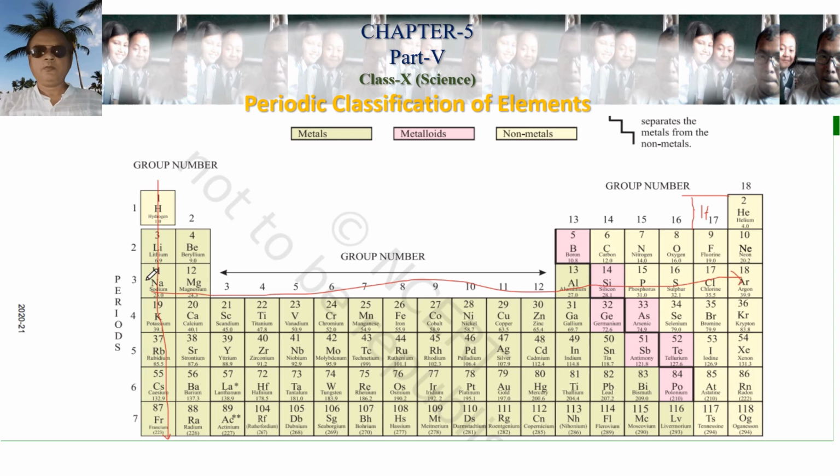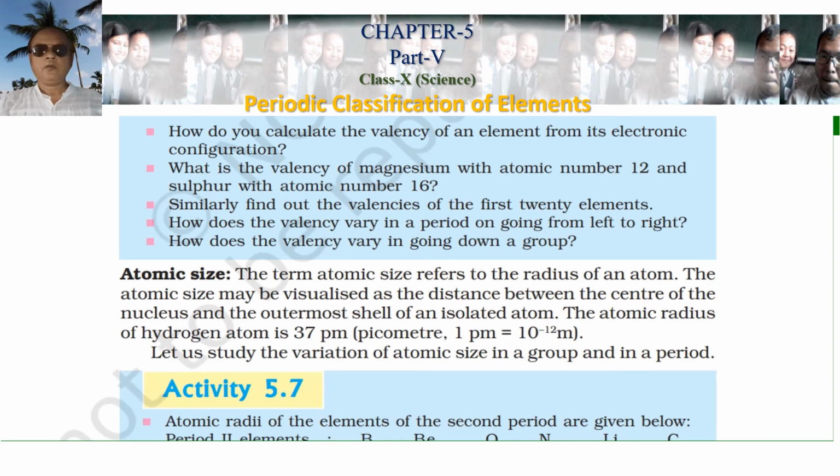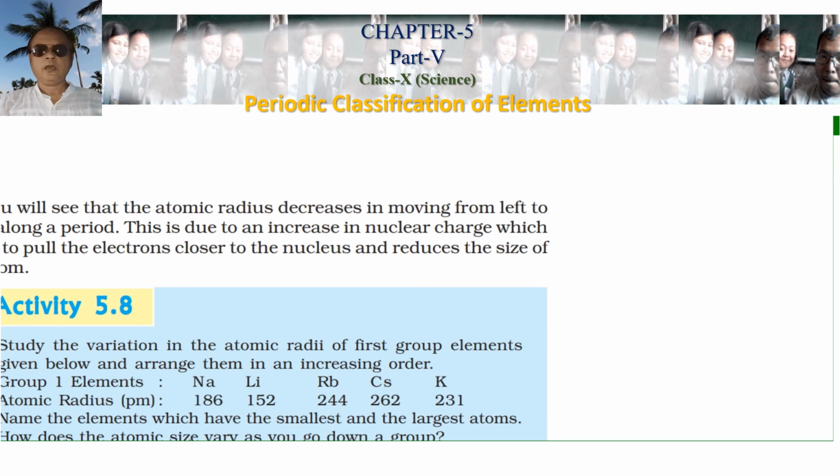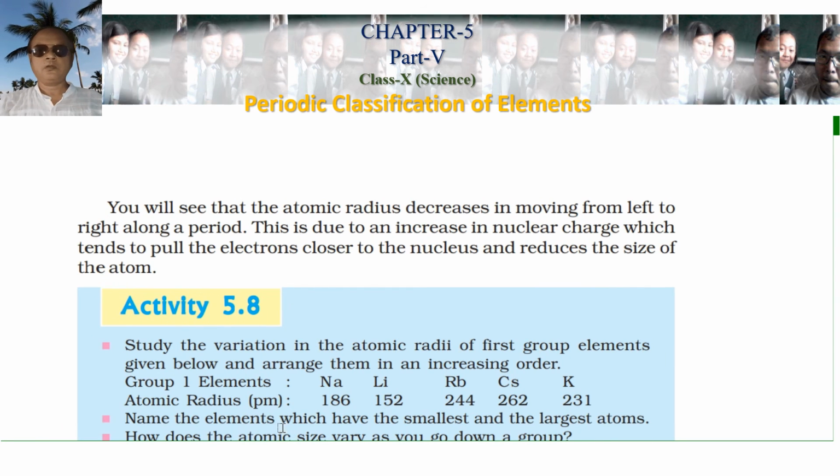So when we go across the period, the atomic size will decrease. You will see that atomic radius decreases in moving from left to right along the period. This is due to the increase of nuclear charge, which tends to pull the electrons closer to the nucleus and reduces the size of the atom.